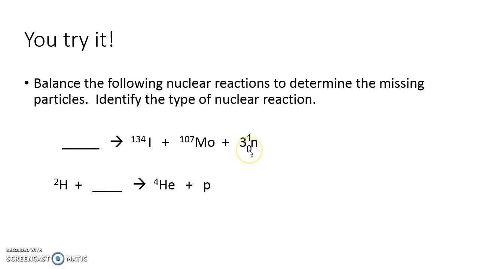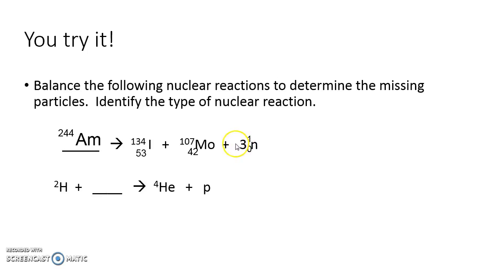So we put in a 1 and 0 for the mass of a neutron. 134 plus 107 plus 3, because there's 3 of these, this must be 1 and 0. 53 and 42 for the iodine and the molybdenum. They add up to 95. 95 gives you americium as the element.